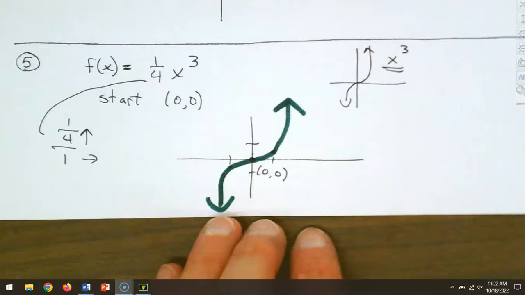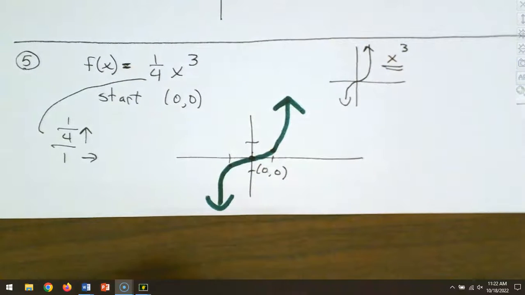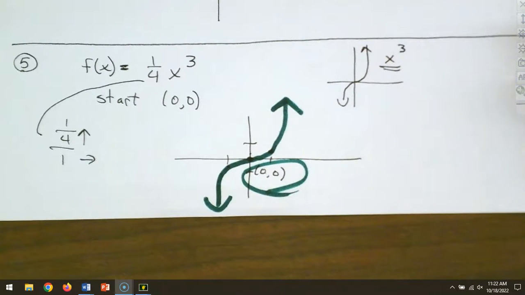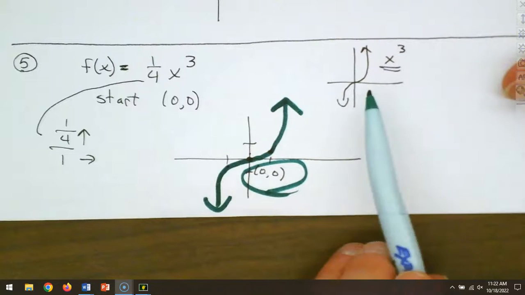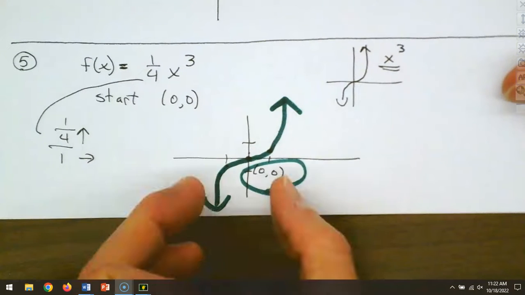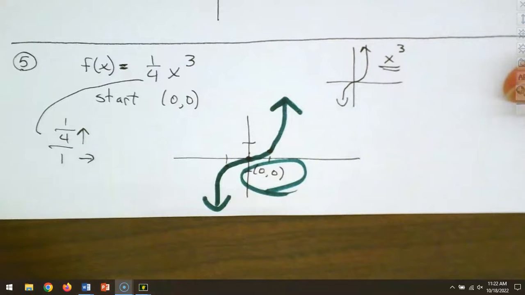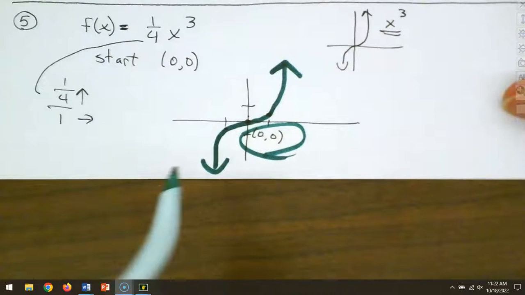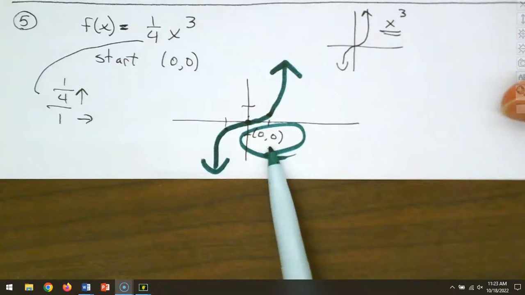Is everyone okay with that so far? So when I grade this, what am I looking for? I am looking for that point right there where you start at and the general shape. It needs to look like this. Not really narrow. I want to see it widened out. So when I grade these on your exam and in your homework, make sure you got the starting point labeled.